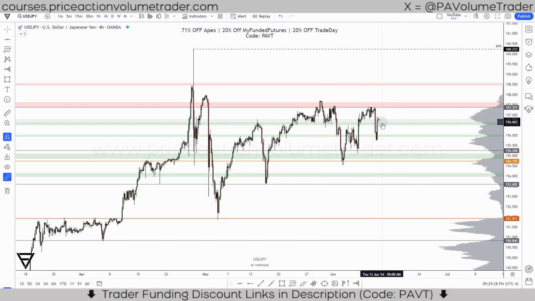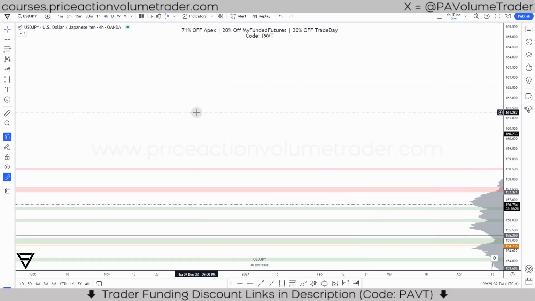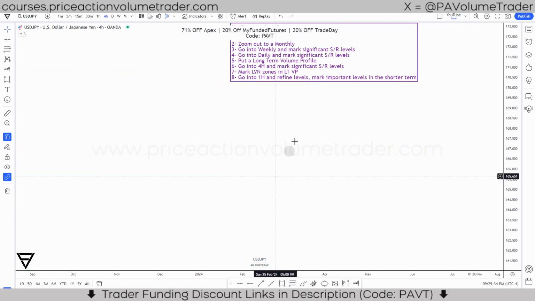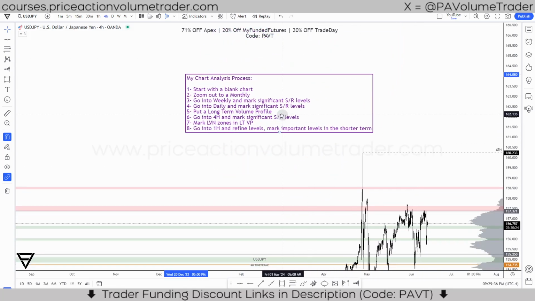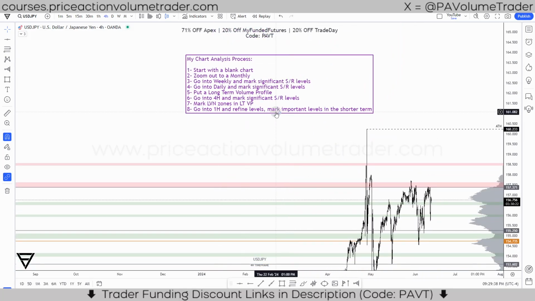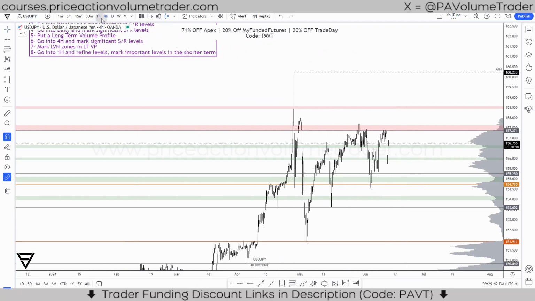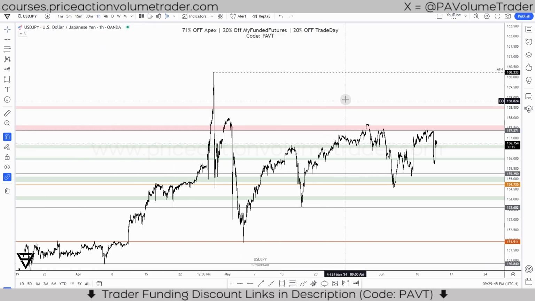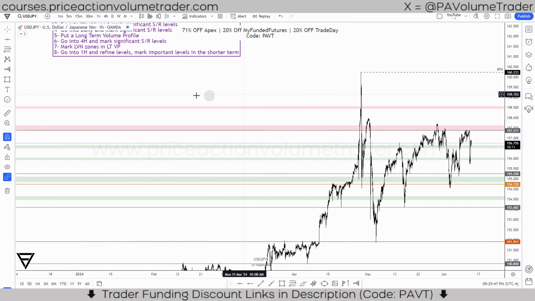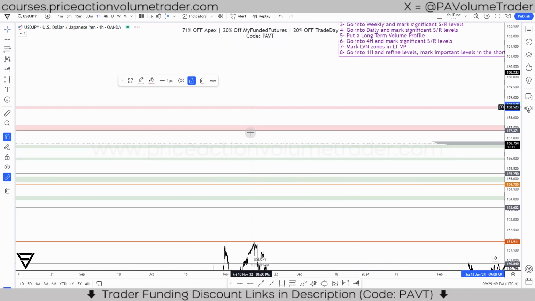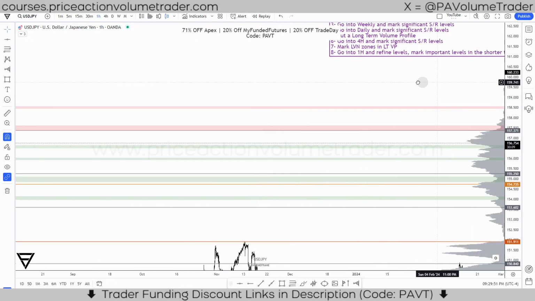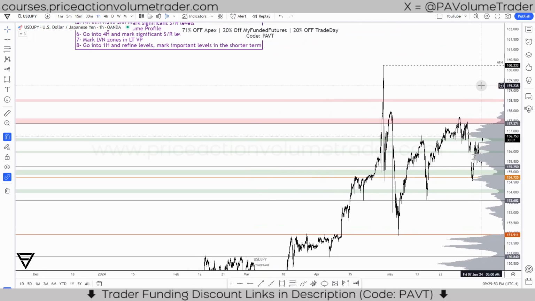So that is the 4 hour, and now to finish off, let's go into the 1 hour and refine levels and mark important levels for the short term. Okay, so go into the hourly. Again, I need to zoom out and move until the start of my profile shows, and then I can come back up.